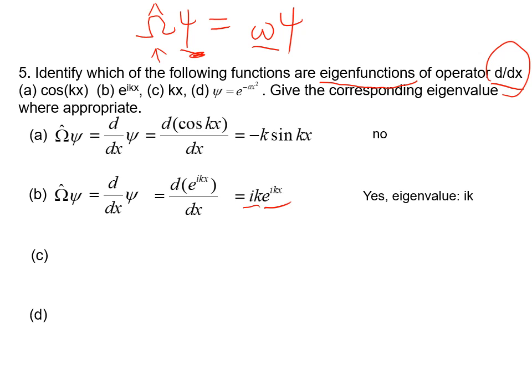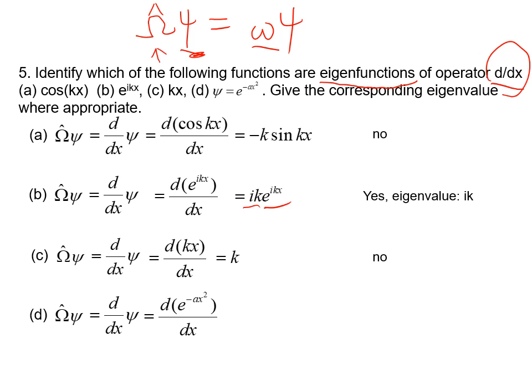Okay, next one, we do the same. The operator operates on the function, in this case kx. The derivative of kx is k. It doesn't give kx back, and therefore this is not an eigenfunction. Last one, the function is e to the negative a x squared.